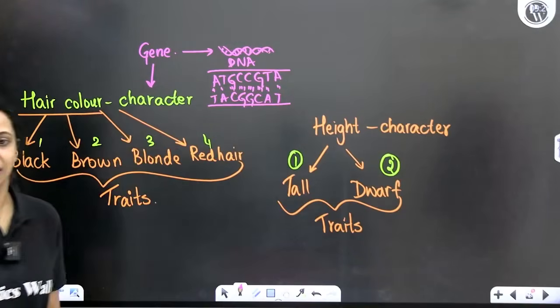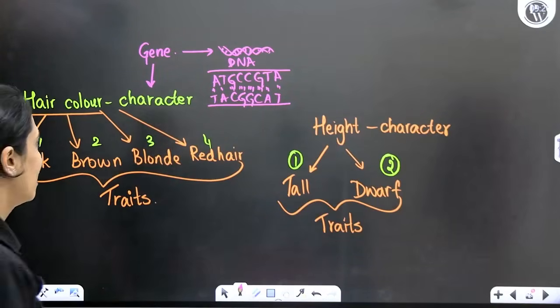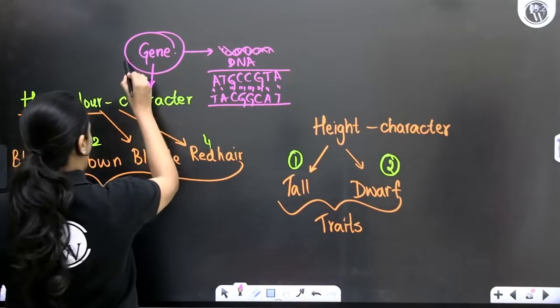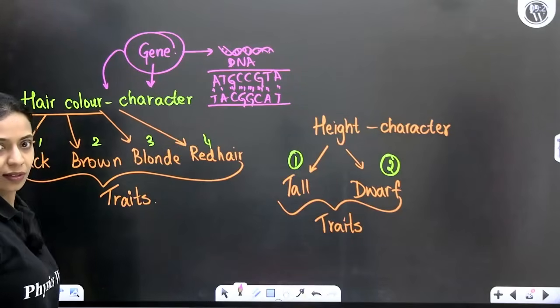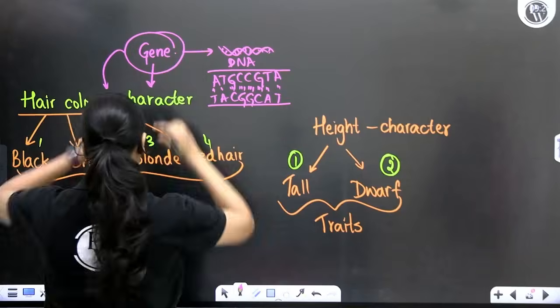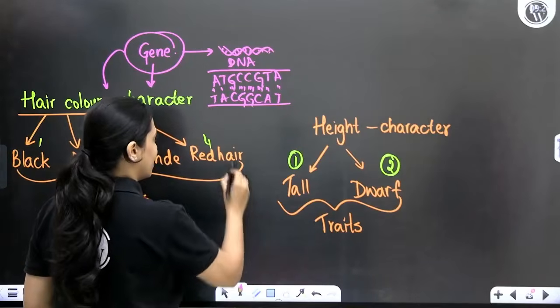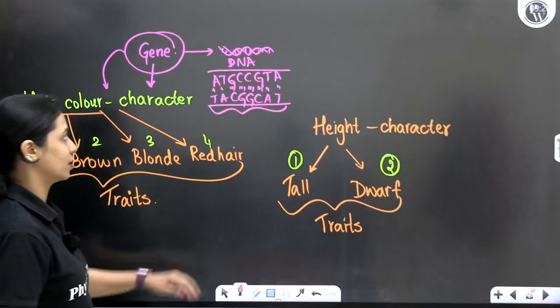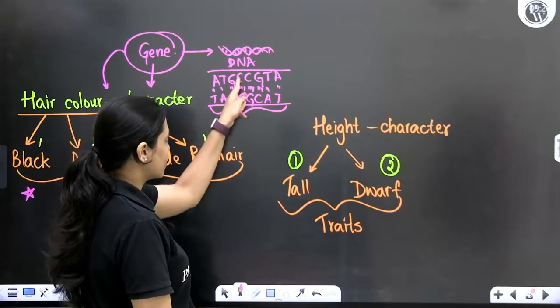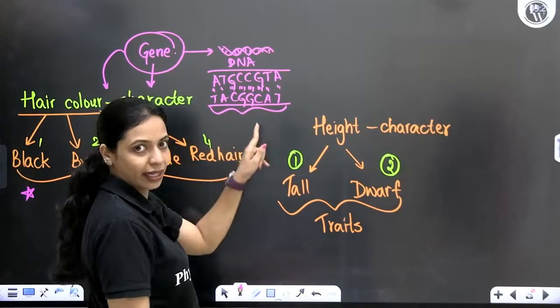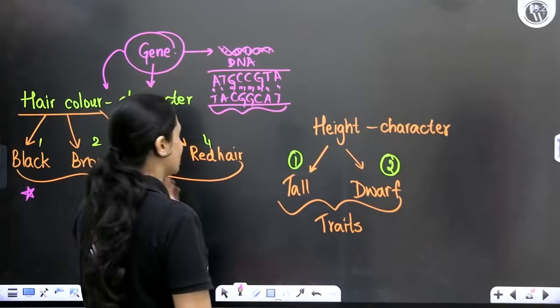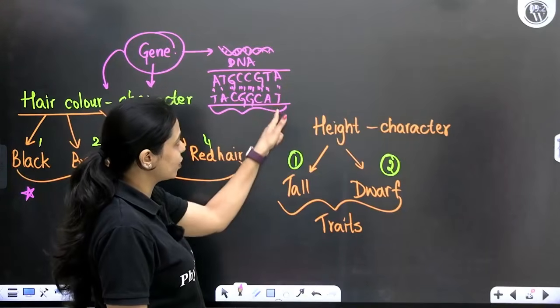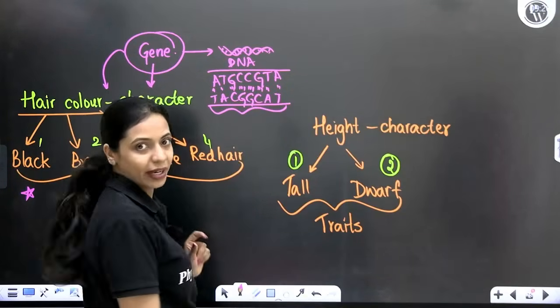You've learnt about it in the chapter biomolecules. Now the gene is always responsible for hair color. But this gene's sequence can vary. If it is this sequence, then probably it will express black color. If in this sequence, instead of C here at this position, if there was a T, probably it will express brown color. If over here instead of AT, if there was a GC, probably it will express blonde color.